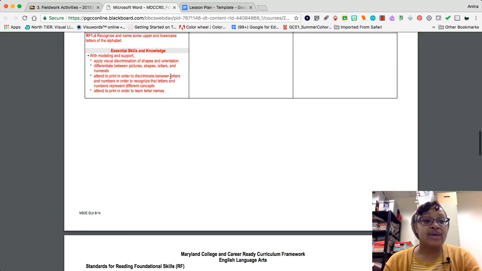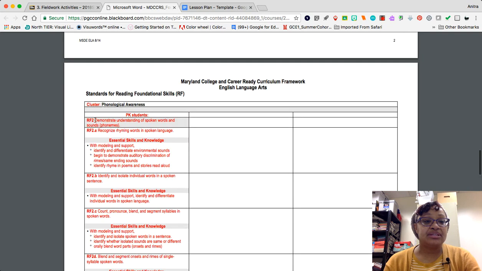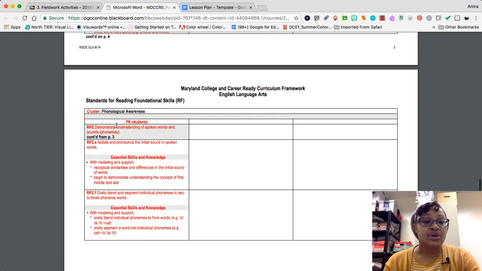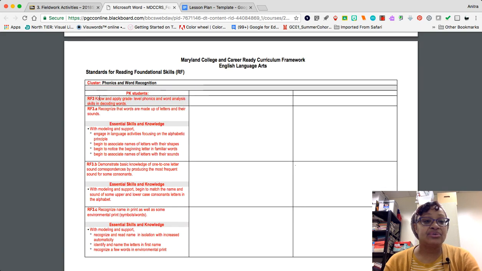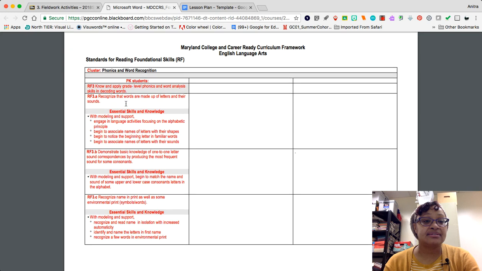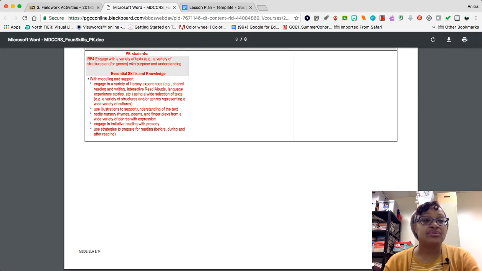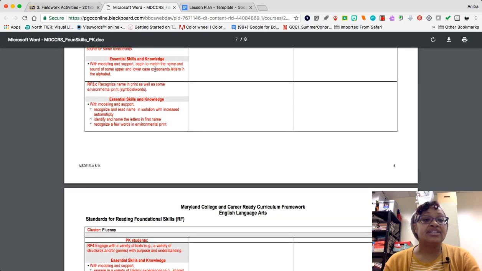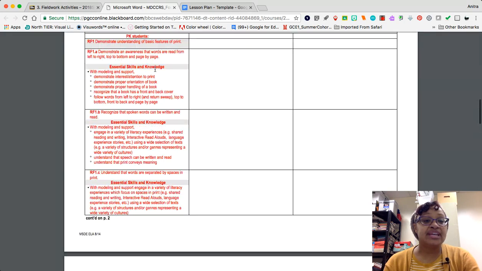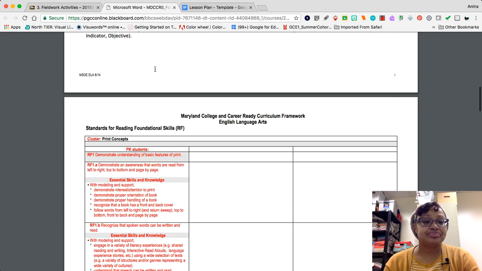We also have Standard 2, Demonstrate Understanding of Spoken Words and Sounds. We have Standard 3, Know and Apply Grade Level Phonics and Word Analysis Skills. And then we have Standard 4, Engage with a Variety of Texts. So you can choose which standard you want to work with.